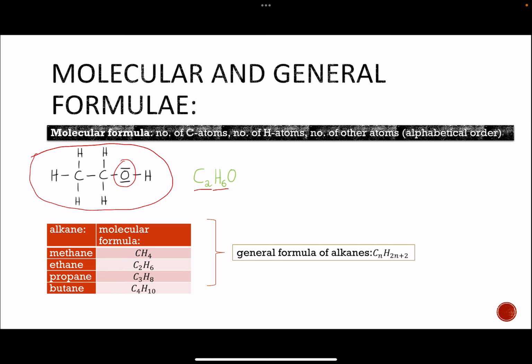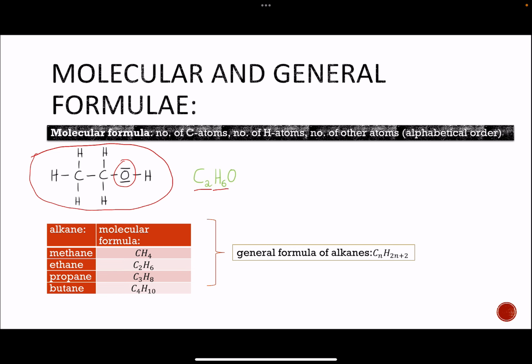In the table at the bottom, you can see the molecular formulae of the alkanes that we have been looking at before. So for methane, the molecular formula is CH2, for ethane it's C2H6, and so on and so on. You can check it by going back to the slide before. And when we look at the molecular formula, we can see a system.